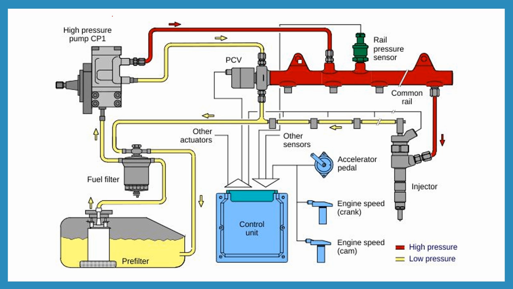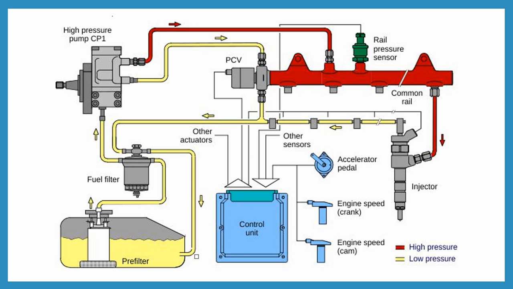When it comes to the common rail, the high pressure fuel enters the injector. When the injector is fully closed, the fuel is returned through this line at low pressure, then comes again to the fuel filter, and then is stored in the fuel tank.